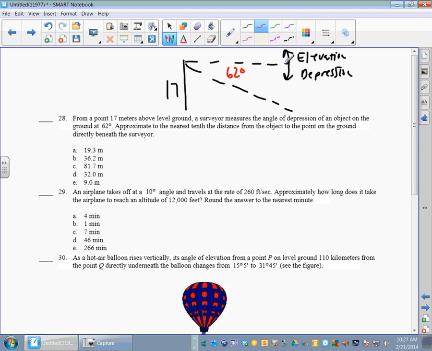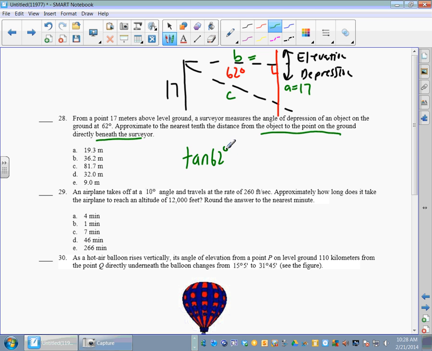All right, you don't know how tall the object is, but you do know it makes a right angle with your line of sight. Okay. What's the question asking for? How far away it is. So would that be C or B, for lack of better? Because you know A in this case is going to be 17. Yeah, so it'd be B. So what trig ratio are you going to use for this one? Right.